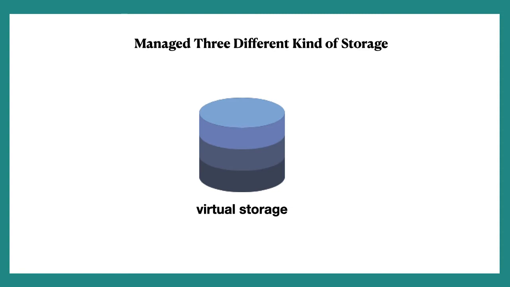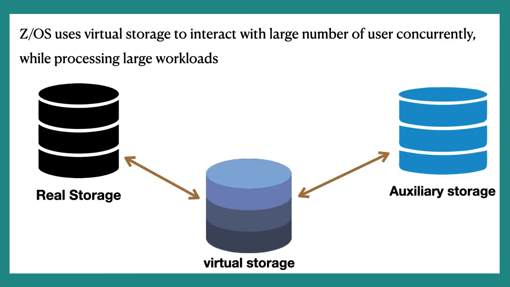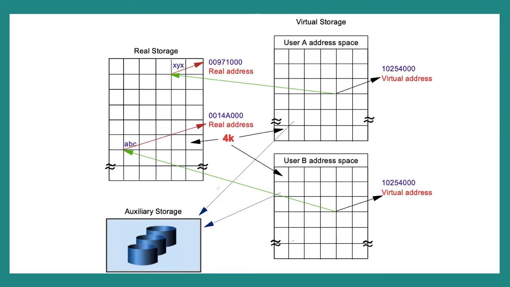And then the only limit is the number of bits in the storage address. And then z/OS uses a series of tables to determine whether a page or the instruction is in real or in the auxiliary storage and where to find it.